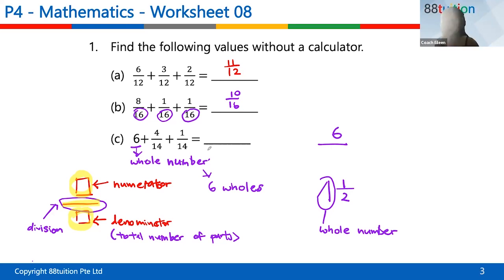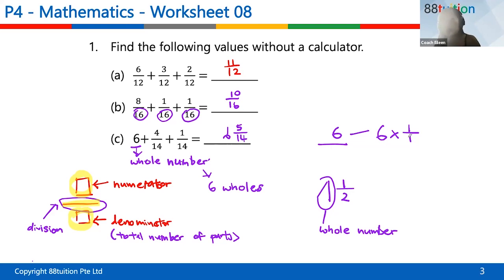And then I just need to add in my 6 wholes in front here. Because it's 6 wholes. So how do I get 6 wholes? It's actually 6 times 1/1. 1 divided by 1 is how many? What's my answer? 1 divided by 1. 1, right? So 6 wholes is actually 6 times of a full number. So let's say 1C, right? It's 14, my denominator, which means my total number of parts is 14.